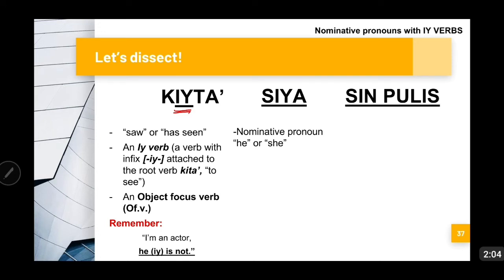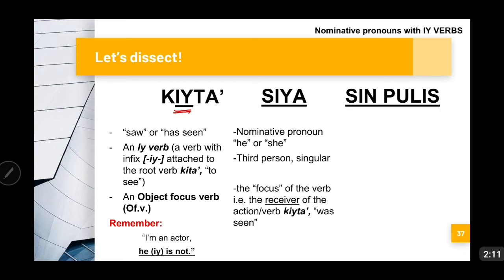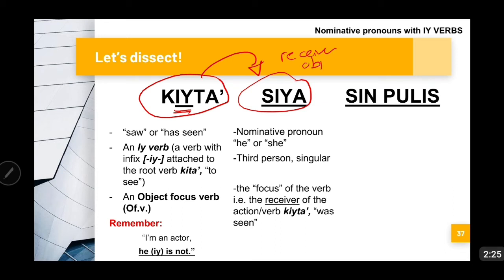Then we have siya, which is the nominative pronoun he or she, the third person singular form of a nominative pronoun. And because it is a nominative pronoun, it is the focus of the verb kita. And because kita is an object-focused verb, the focus siya is the receiver of the action.